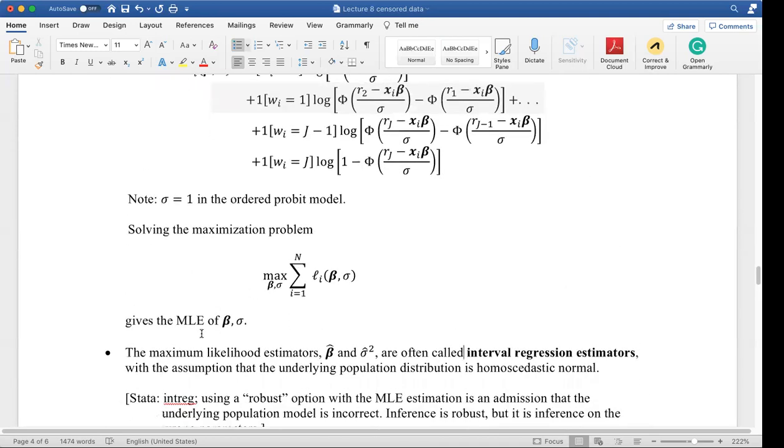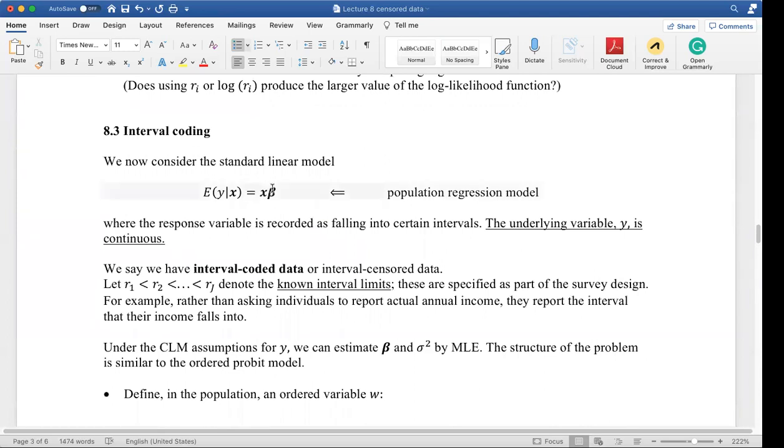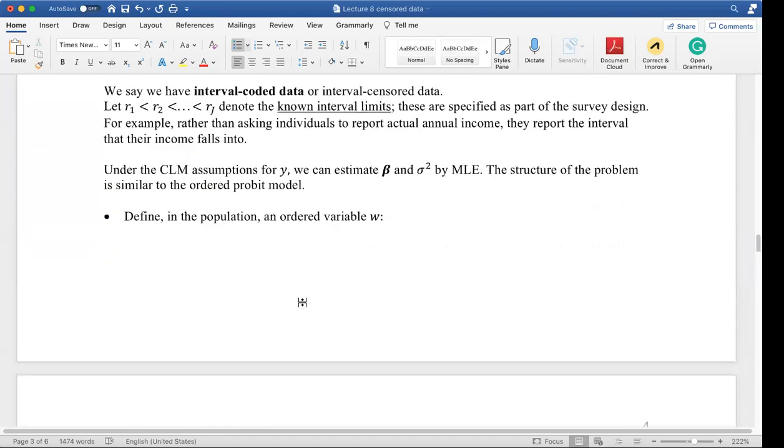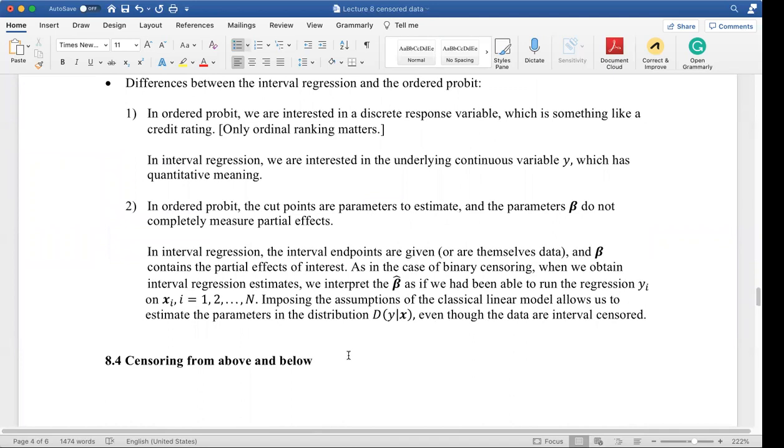Okay, so note that this maximum likelihood estimation gives you directly estimates for beta, and you can interpret those beta as giving the partial effects of, say, x sub j on the expected value of y. Okay, so the interpretation is more direct.